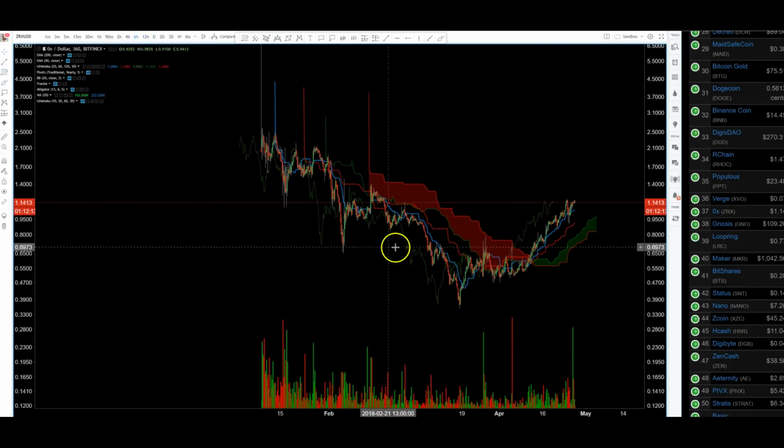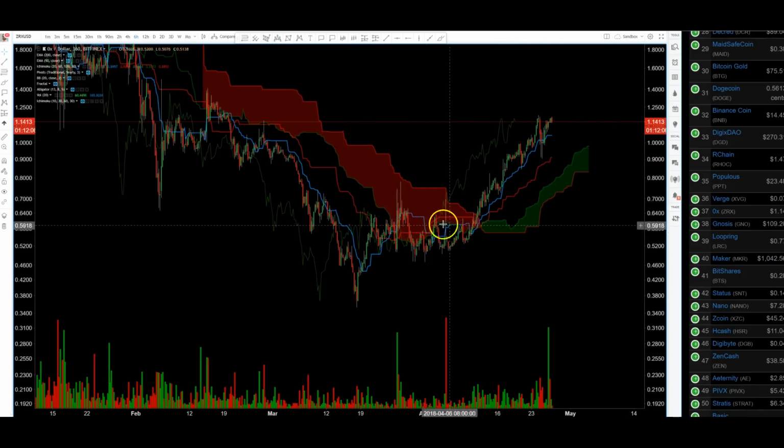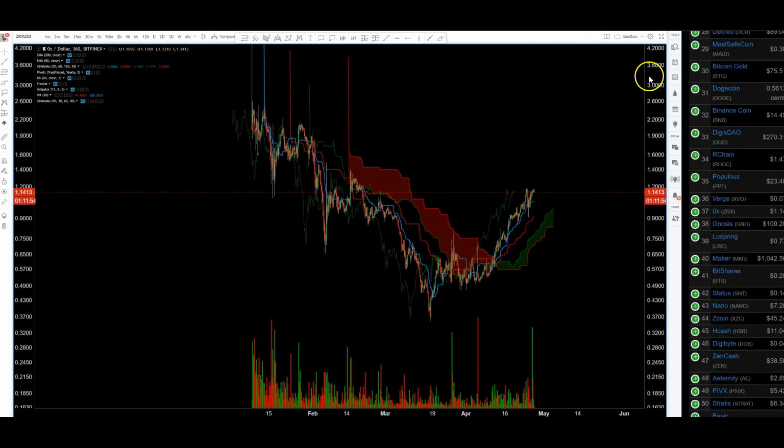You can see there's an Adam and Eve situation down here. Adam and Eve and breakout. Anytime you see that with the Kumo breakout, it's just even more evidence that things are good to go. The train looks like it may have already left the station for ZRX, but I think it's going to double digits, if not triple digits. We shall see. Massive buy volume coming in here on Bitfinex a few days ago.